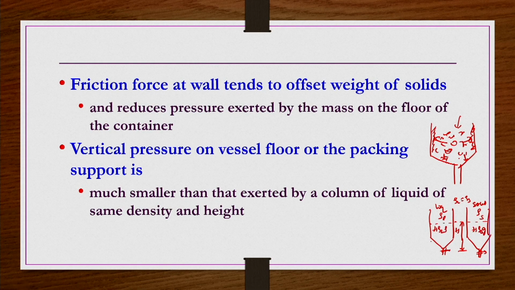Whatever the pressure, let us say here it is PL, here it is PS. The solids pressure is always going to be less than the liquid pressure under identical conditions, as long as the density of the solid and liquid are the same. That is what it means: the vertical pressure on the vessel floor or the packing support is much smaller than that exerted by a column of liquid of the same density and the same height.